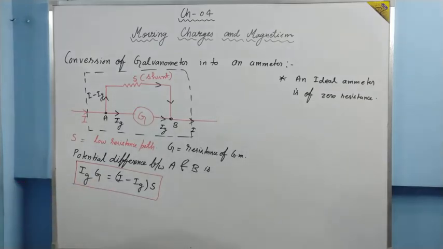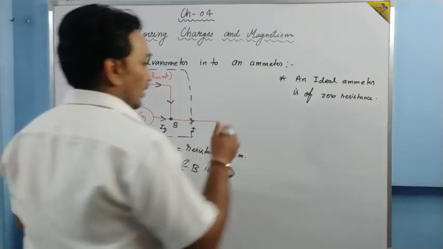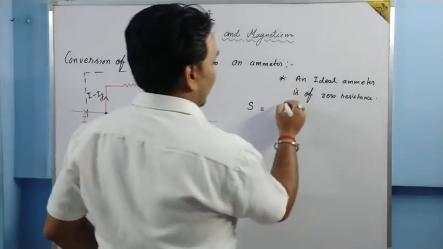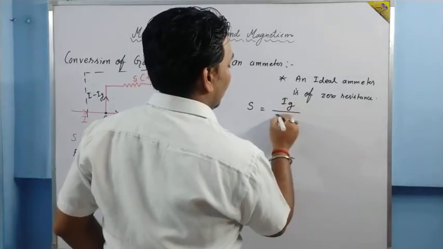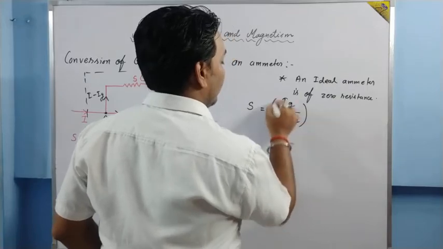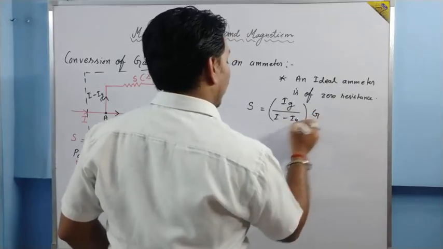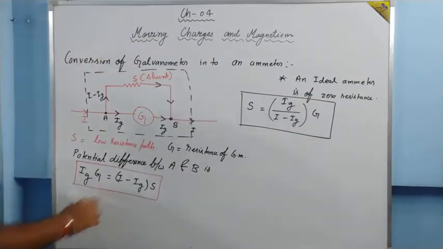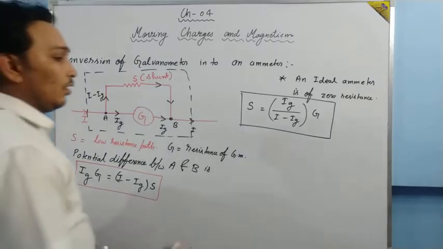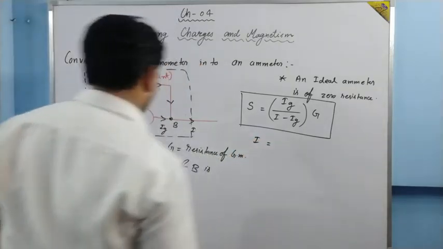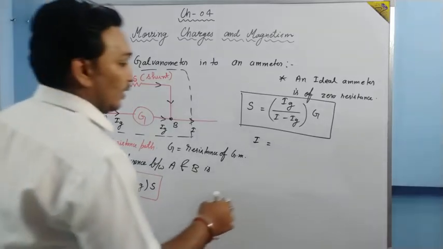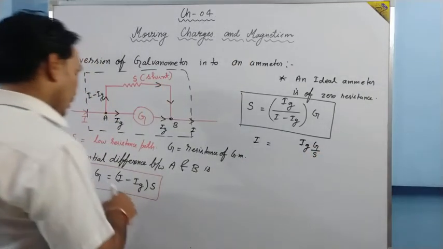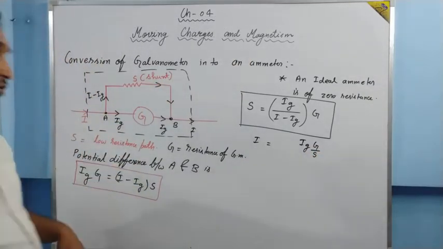Suppose the value of S has to be calculated. Then S is equal to Ig upon I minus Ig, into capital G, since I minus Ig is transferred to this side. This is the value of S. And suppose I is being asked, then what will we do? I will be equal to Ig into G upon S, plus Ig, since the minus Ig is transferred to this side.